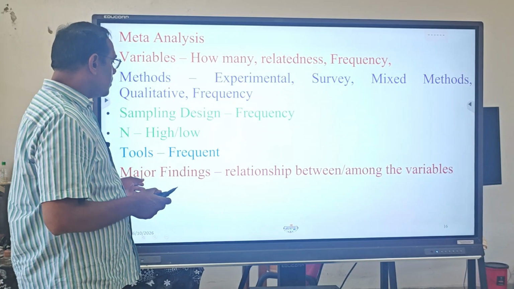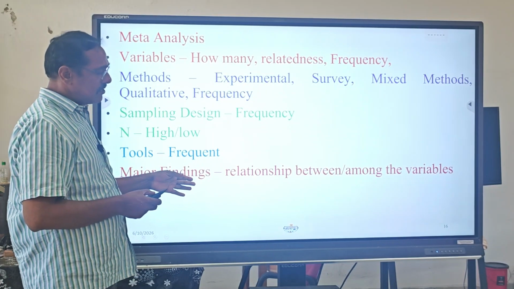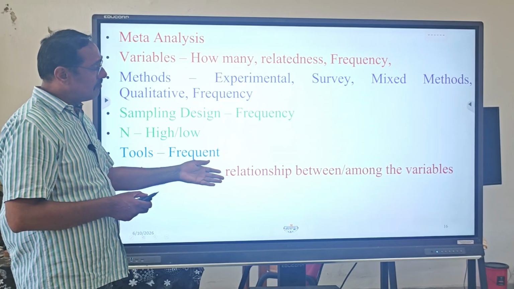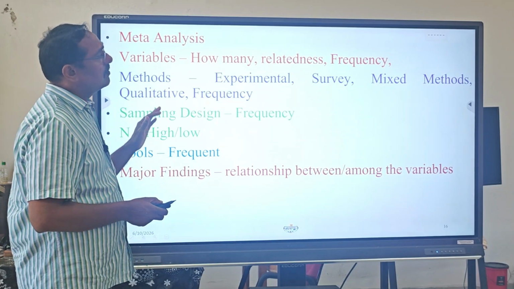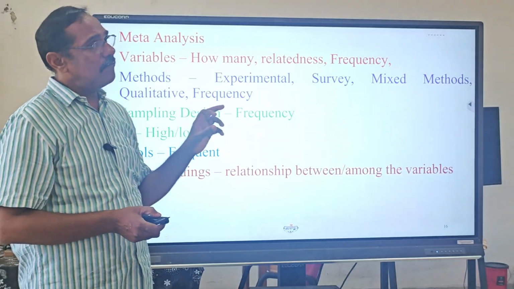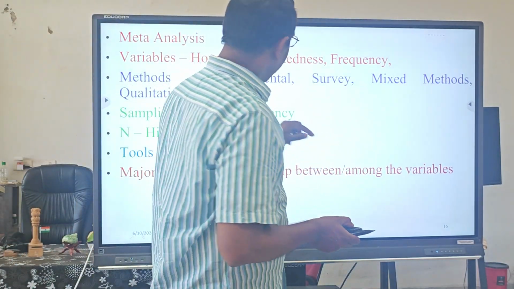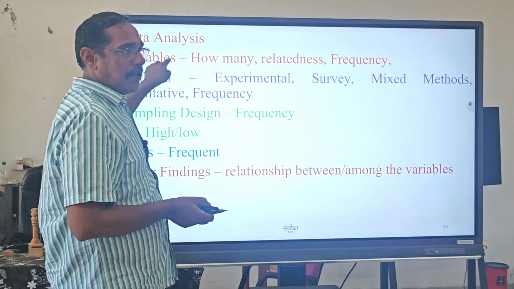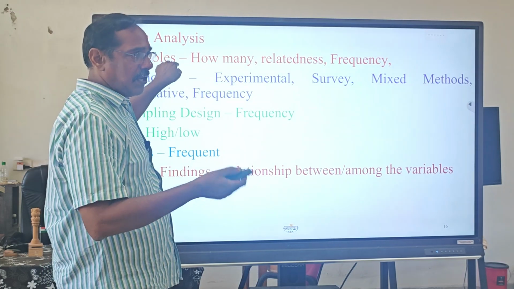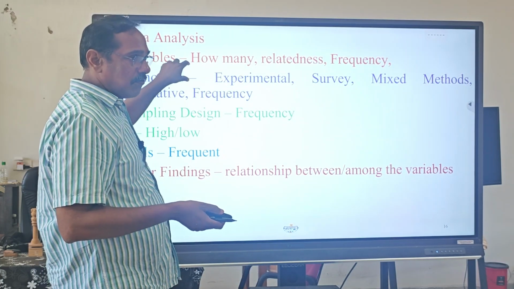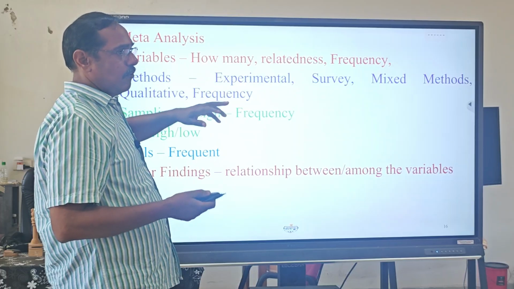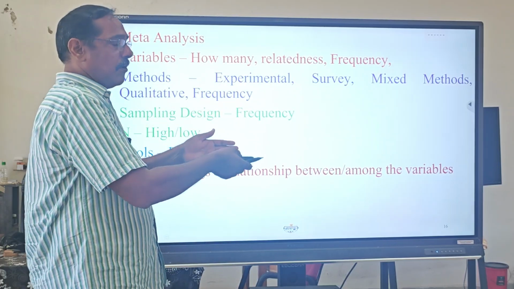Next, the final thing is the major findings across the 50 researchers: what is the relationship between or among the variables? This one you have to write paragraph after paragraph. Even under one heading, there can be 2 or 3 paragraphs on variables alone. So keep writing, and don't try to finish within some 10 lines. Whatever comes to your mind, see the tabular column.